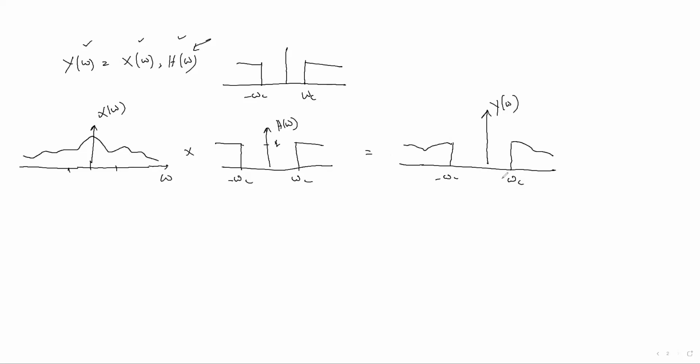You can see the frequency components present are only the high frequencies, beyond omega c. This is the graphical representation I wanted to make clear: if the shape is this, then it acts as a high pass filter. So I think there is no doubt. If you have any doubt, you can ask.